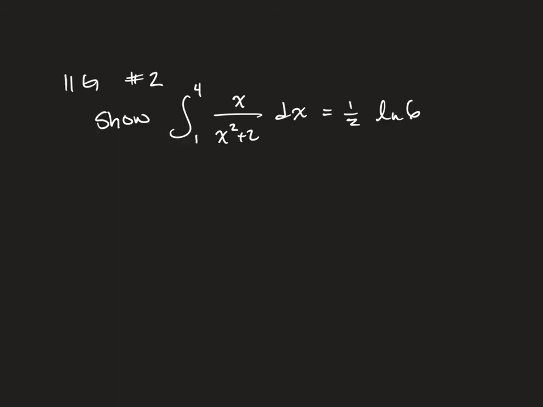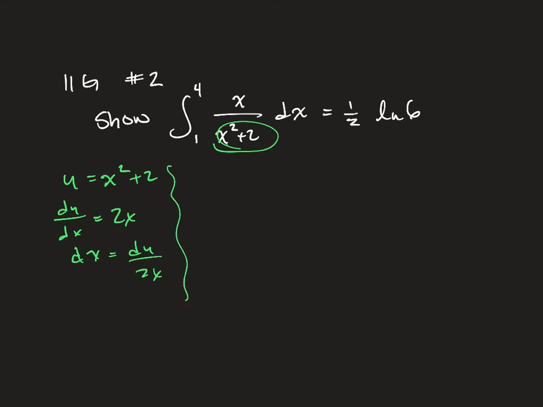Okay, so we've got a u substitution and all sorts of fun stuff happening here. So here's our u. We're going to let u equal x squared plus 2, du dx would give us 2x, which means that dx is going to be the same as du over 2x.